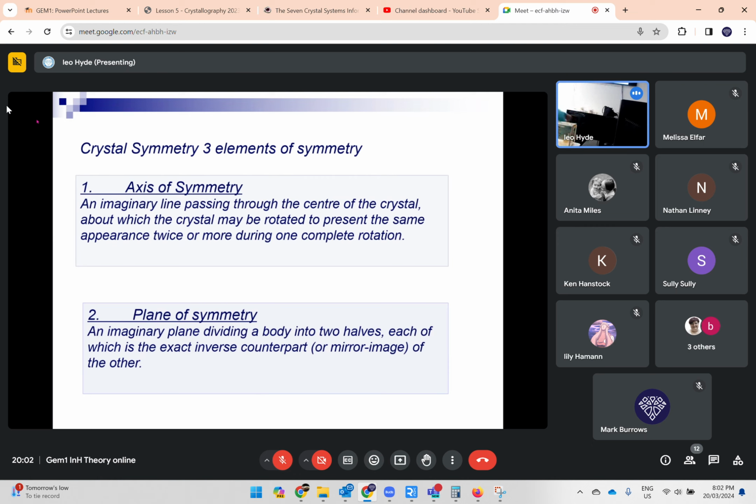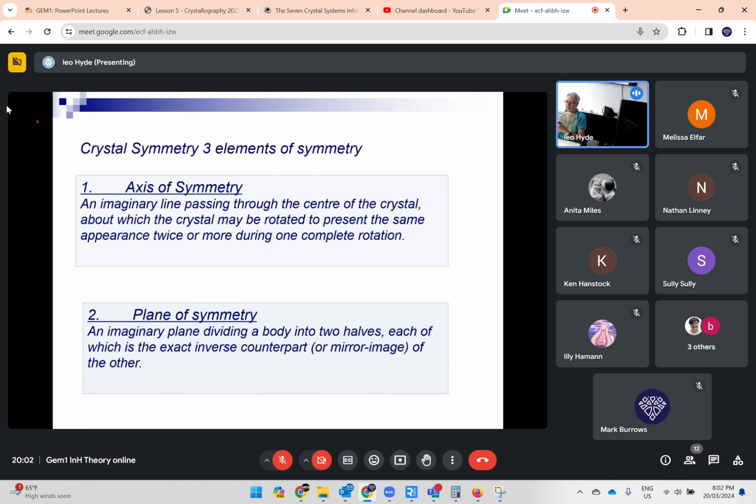hang on, I'll get my beautiful crystal, I'll just get a red biro. Okay, so the definition: if I find an axis of symmetry, at this point I'm going to say there's my axis of symmetry, and I'm going to rotate it round that to see how many times I see that same face.